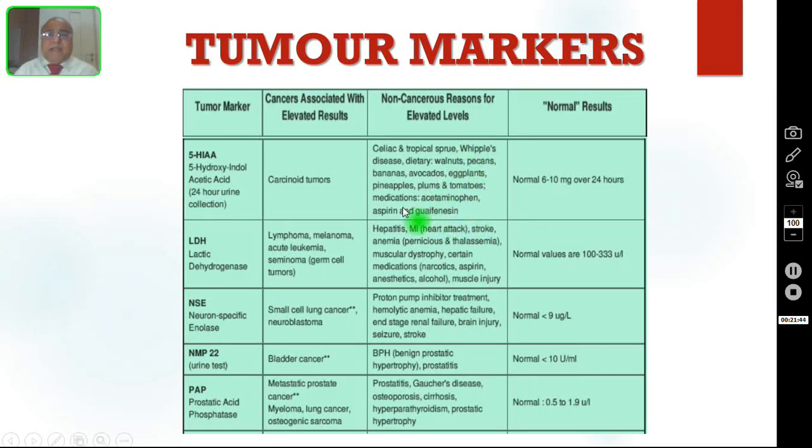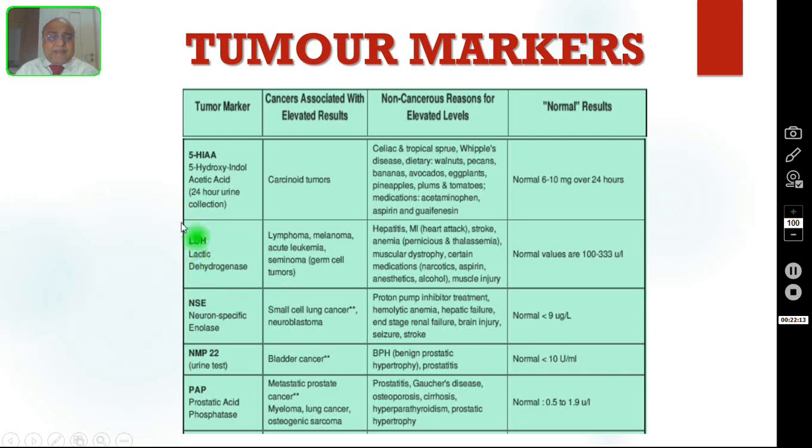So many conditions, this 5-hydroxyindole acetic acid may be elevated, but the cancerous condition is only carcinoid tumor. The normal value is 6 to 10 milligram over 24 hours, because you have to see this in the urine. If it is more than that, that means it is positive.